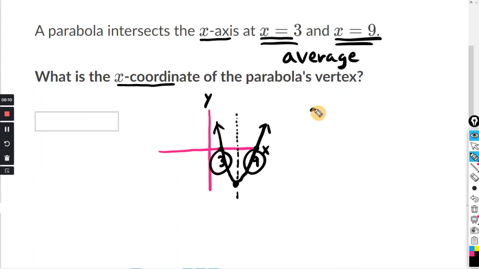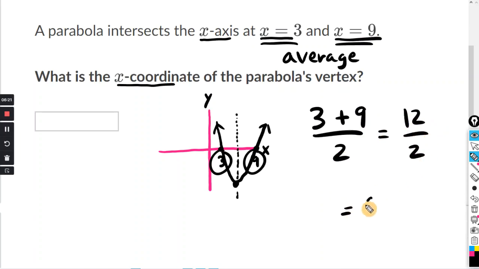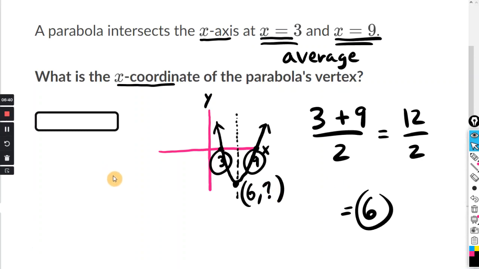So we have 3 plus 9 divided by 2. 3 plus 9 is 12 divided by 2, and that's just going to be 6. So the point that's right in the middle is 6. The x-coordinate of the vertex is 6. They did not ask us for the y-coordinate, so we don't need that. We just need the 6. So click inside the box and type 6.